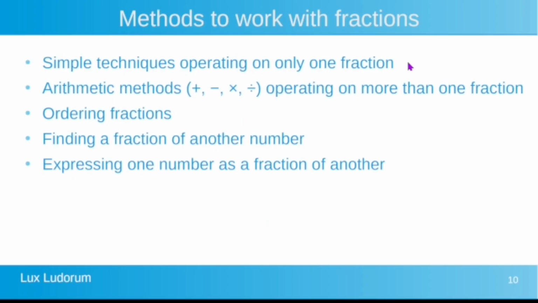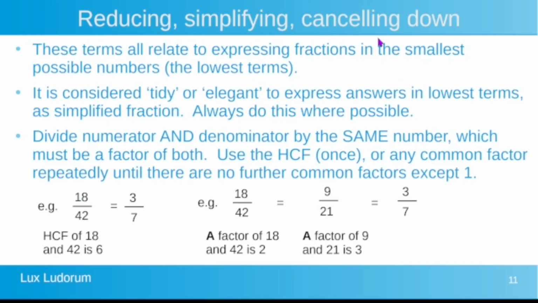Firstly, simple techniques operating on only one fraction. Then we're going to look at arithmetic methods operating on more than one fraction. We're going to see how to order fractions, finding a fraction of another number, and expressing one number as a fraction of another. Reducing, simplifying, cancelling down.